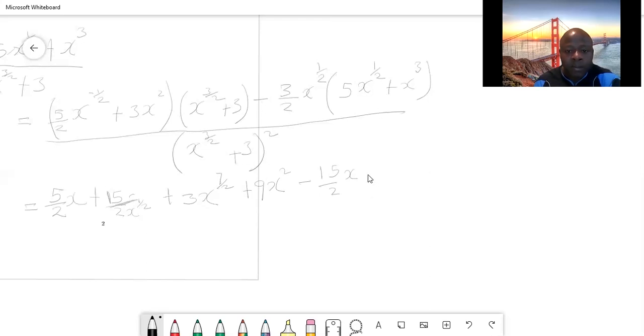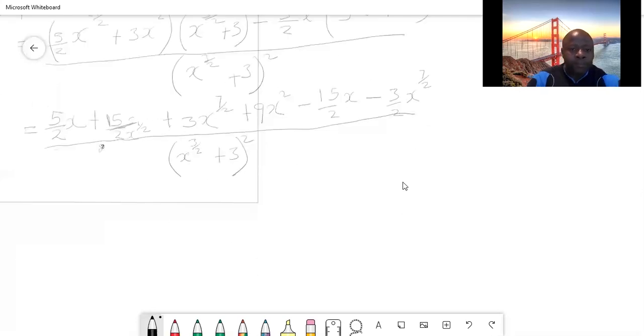And this one is also minus 3 over 2 x raised to 7 over 2, because it's 3.5, over denominator square. And as I said, this one should not confuse you. So x raised to 3 over 2 plus 3 square.